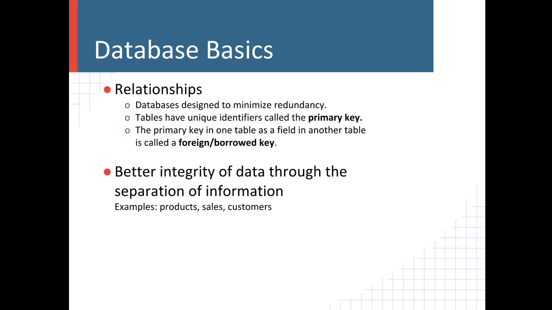And each of these items, like let's say I am a user and I'm making a post, that post might belong to me, the user. And so my user ID that was made the primary key in my user table is referenced by the post table as a borrowed key.